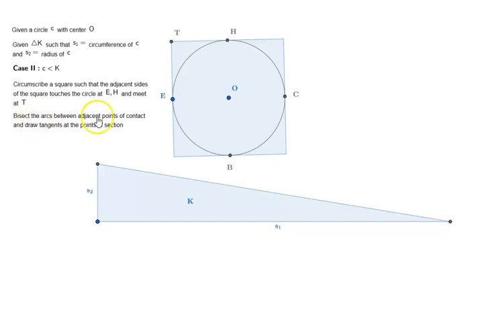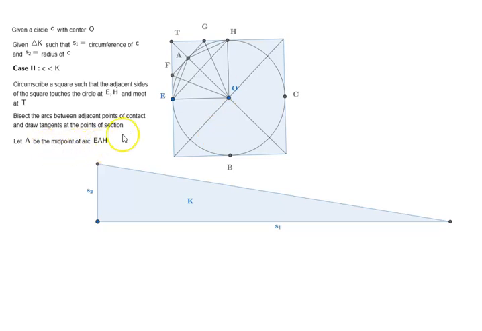So let's bisect EH, and mark F and G. And let's join OG, EH, EA, AH, OE, OH, and also OF.